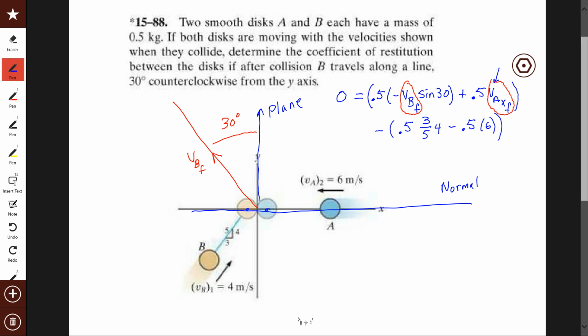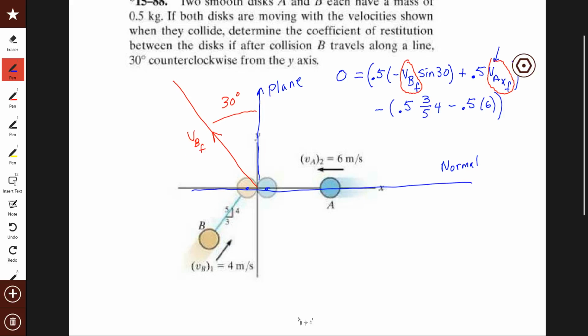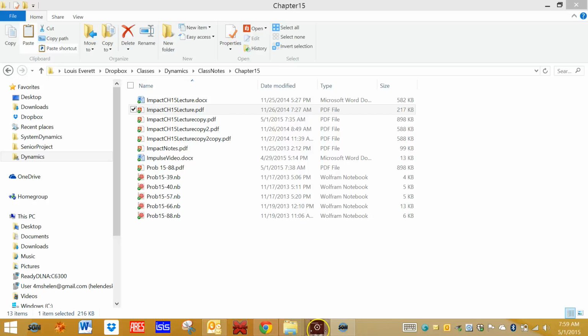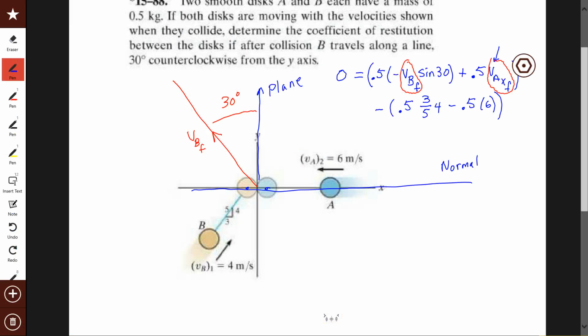Now, the next equation is the coefficient of restitution equation. The coefficient of restitution equation looks like this.